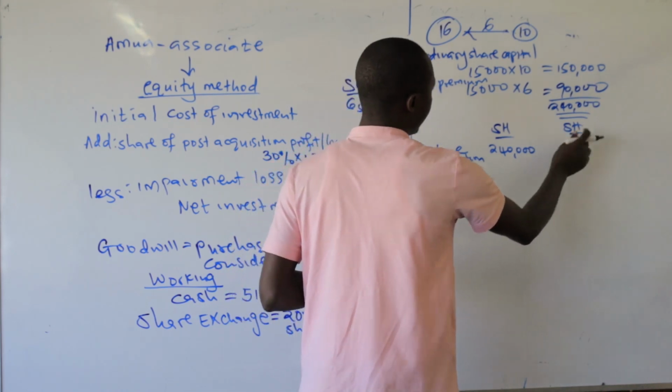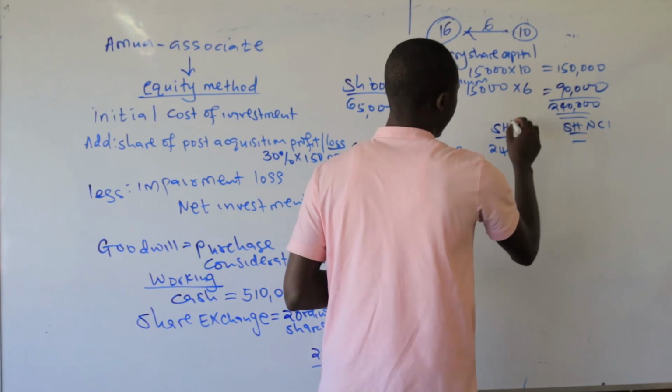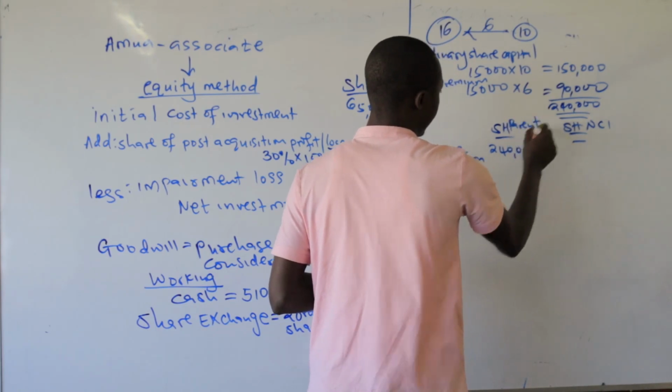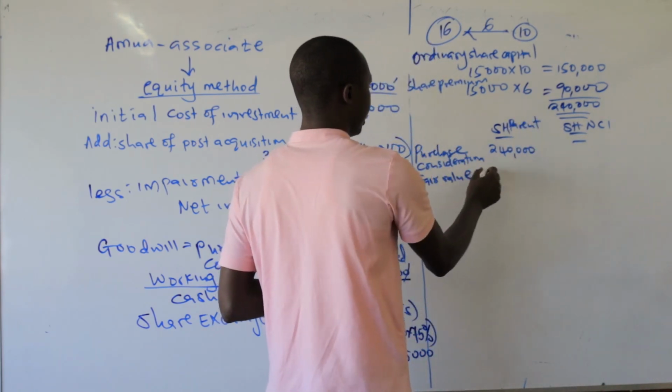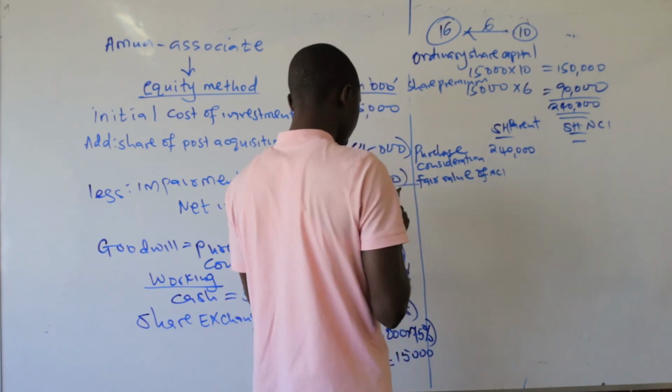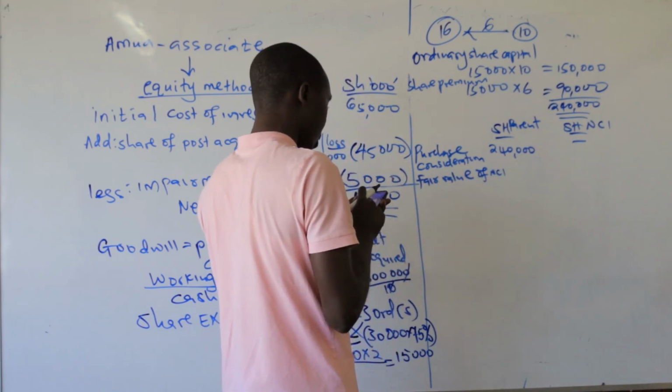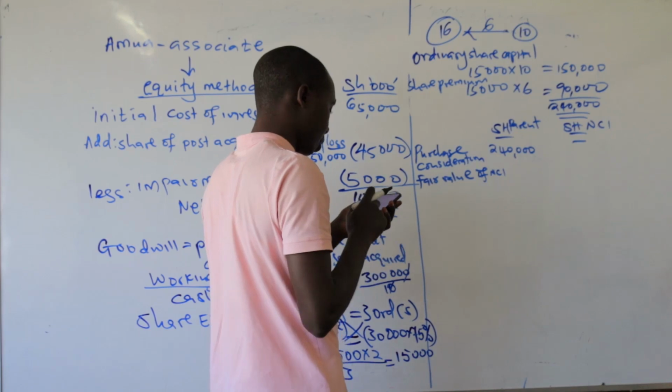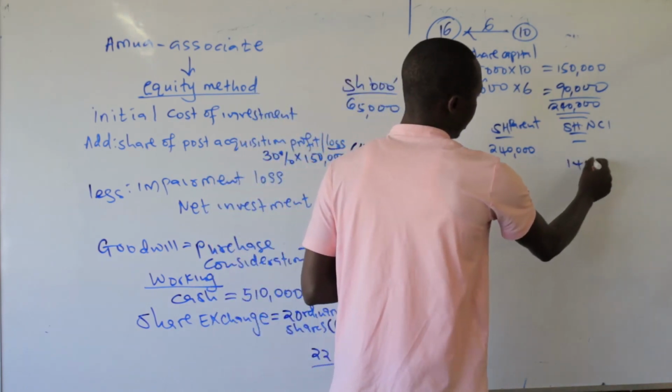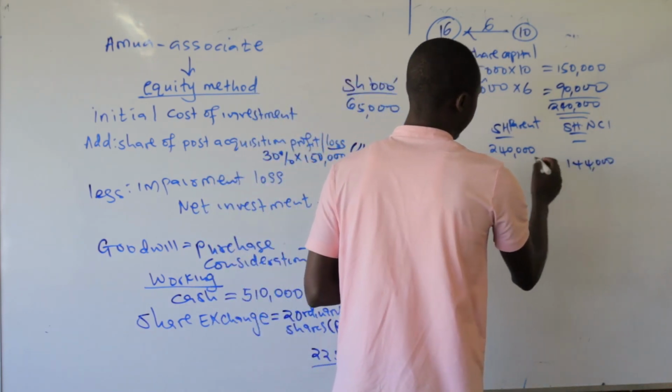That is why I have introduced another column here for NCI, and this one is for the parent. The fair value of NCI was provided in additional information number 2. I think it was 144. Yes, that is correct, 144,000.